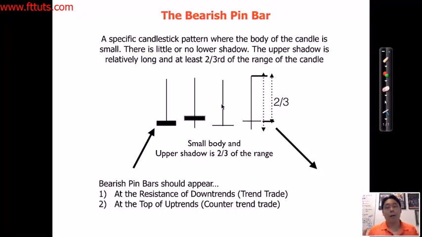Finding a bearish pin bar on the chart is not good enough. You have to find it in the right location. It should appear after a series of bullish candles. So what you want to see is a series of candles going up, making an upward move, and then you see a bearish pin bar appearing.